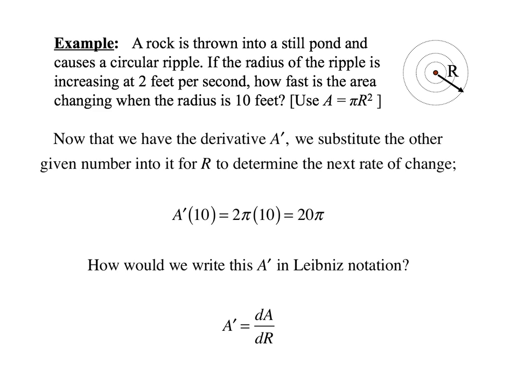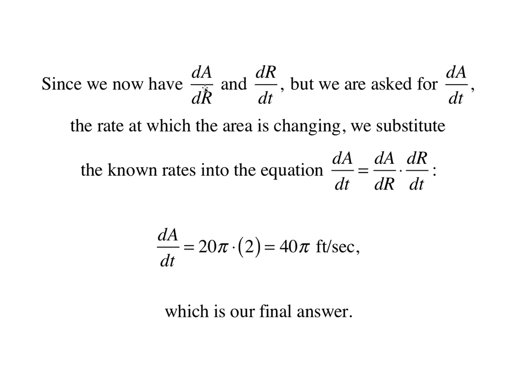Okay, so now we have the dA/dr and the dr/dt, but we're being asked for the rate at which the area is changing with respect to time. So we substitute the known values, one we were given and one we calculated, into the equation dA/dt is equal to dA/dr times dr/dt.